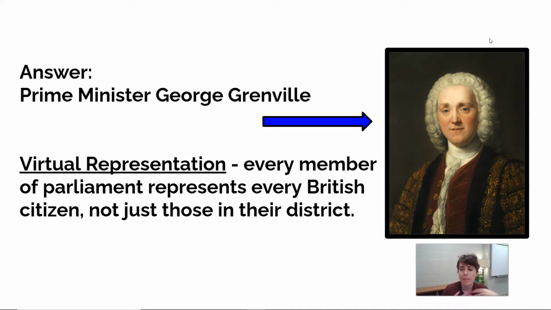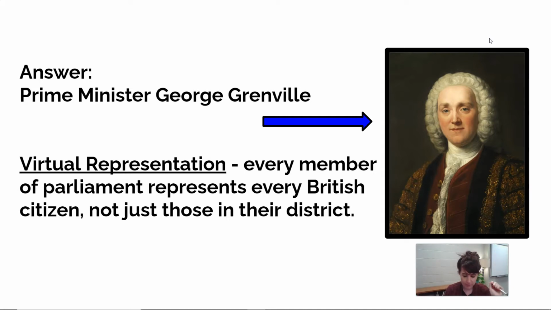Every member of Parliament represents every British citizen, not just those in their district. And so while they're complaining that there's no taxation without representation, the Prime Minister is answering this with the idea of virtual representation. Well, no, you are represented. Every member of Parliament represents every British citizen, including you.